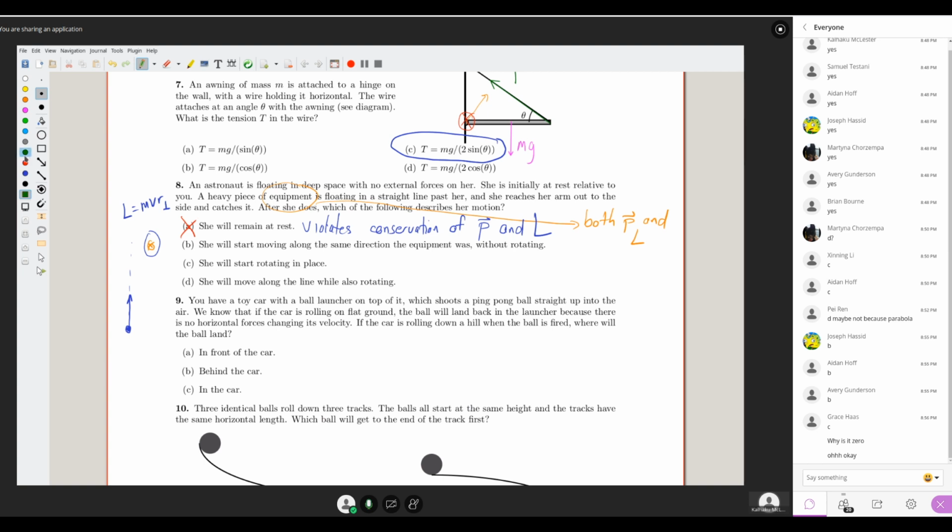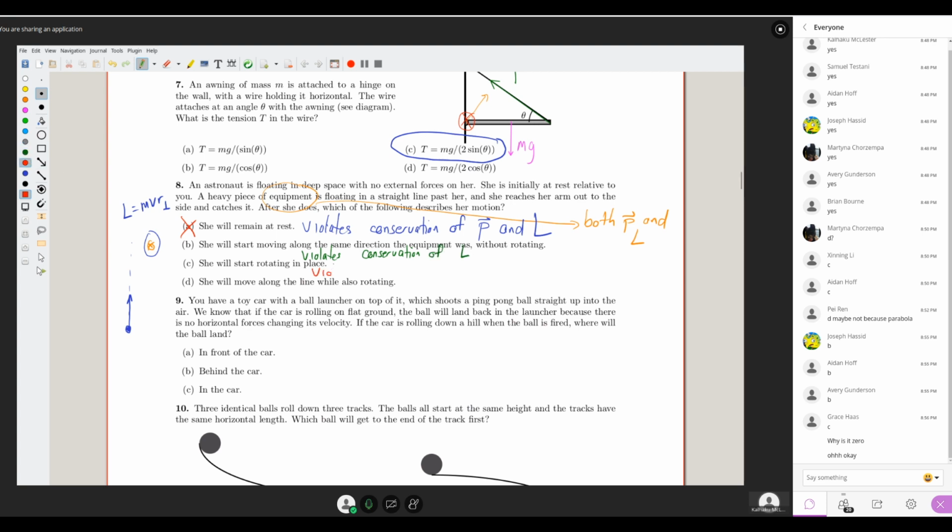Choice B has her move, but it violates conservation of angular momentum. You might think that if I reach out my hand to the side and catch something, that's going to make me start spinning. So this violates conservation of angular momentum.